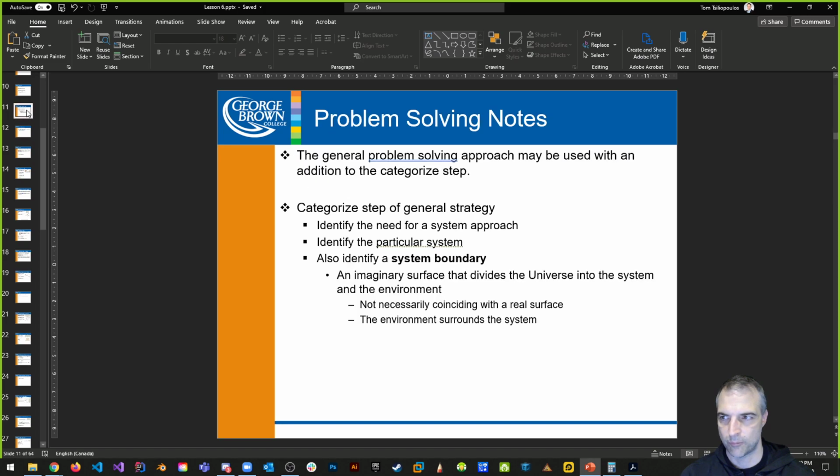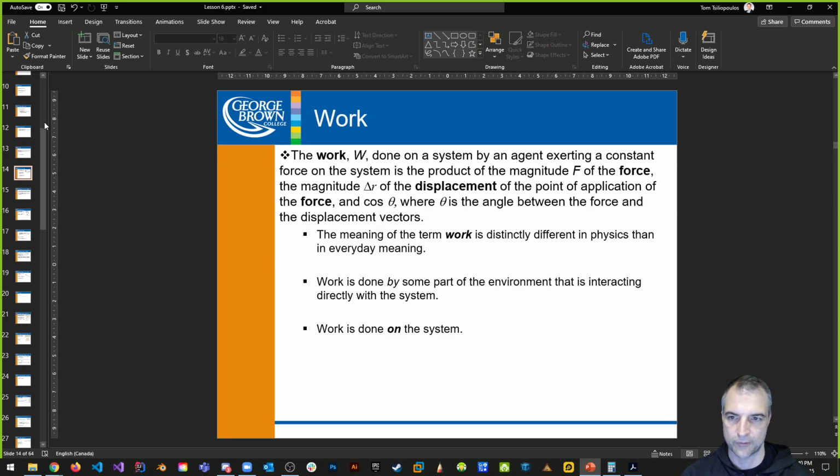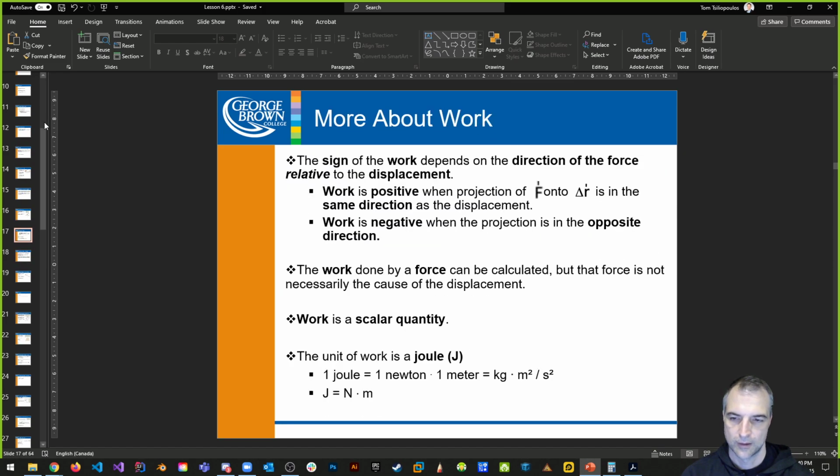Okay, so I'm just going to bring you back to some of the stuff that we talked about. We said that 1 joule is Newton meters, or force times distance. Force over distance, that's what joules are.